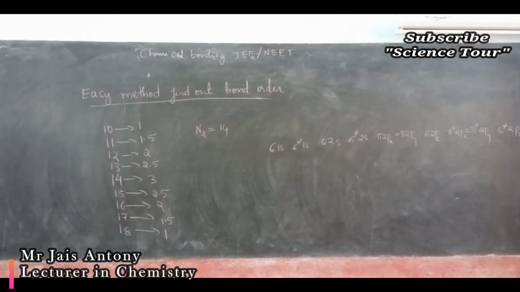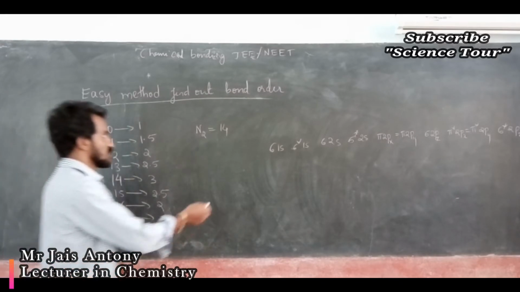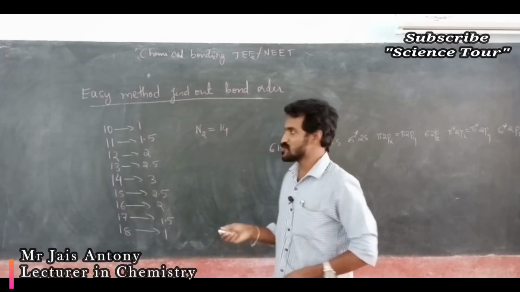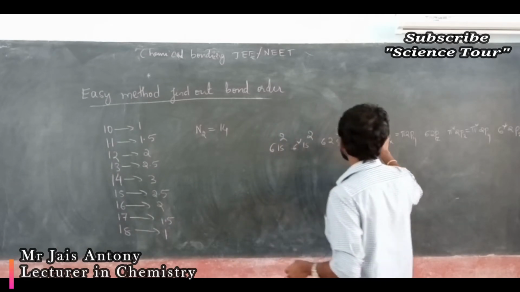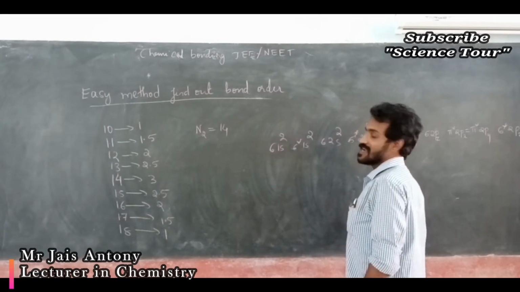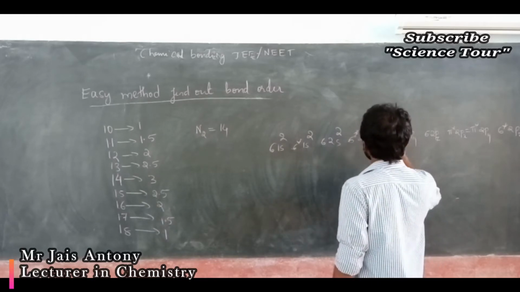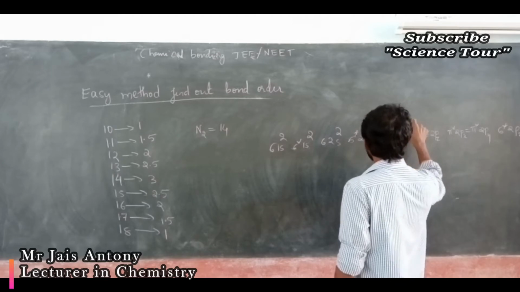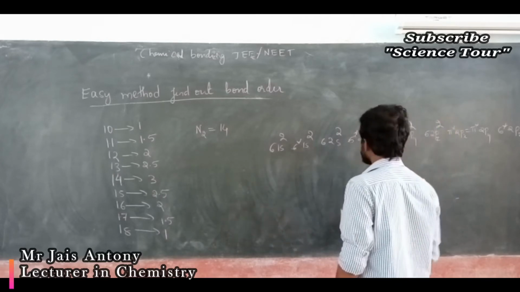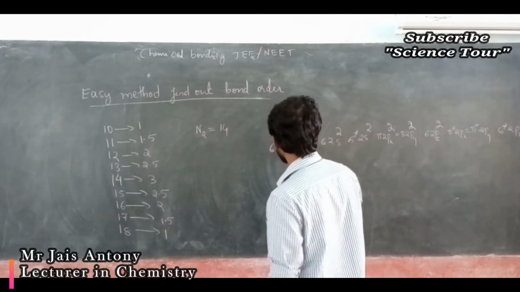My dear students, this is the electronic configuration. You have to substitute 2, 2, 2, 2, that is 8. Again 2, 1, 1, 1, 1, that is 9, 10, 11, 12, 13, 14. This is the method.